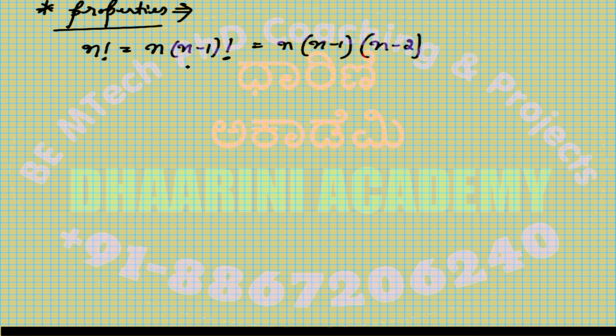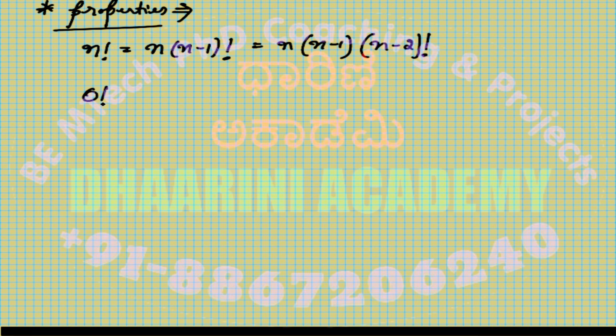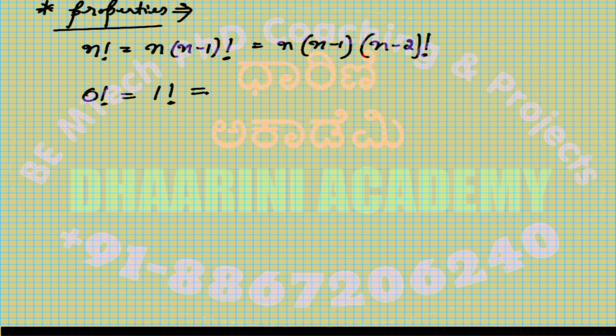I can extend this as and when required. The next property is about 0 factorial. 0 factorial is equal to 1 factorial, and that is also equal to 1. So 0 factorial as well as 1 factorial are the same and the answer is 1.